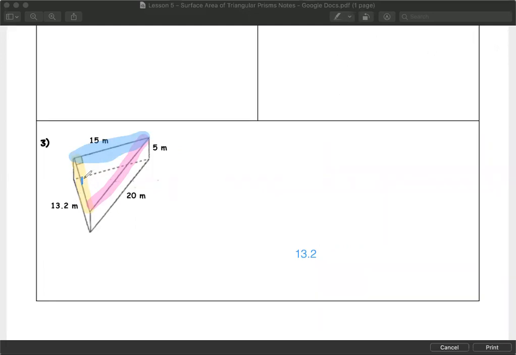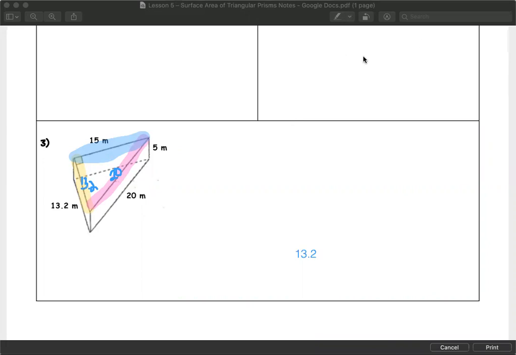So this is 13.2 right there. And this side right here is 20. So our three side lengths of the triangle, 13.2, 20, and 15.